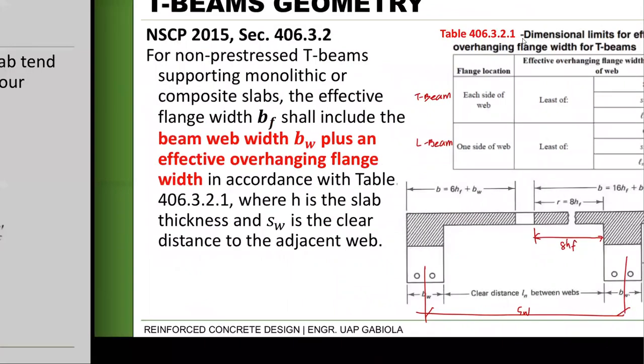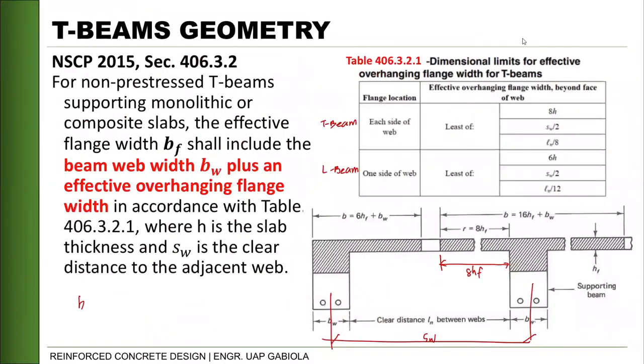For width of flange, it can be minimum between BW plus 16HF or yung SW natin, the center to center distance between our web, and then Ln over 4. This is for T-beam. Okay?